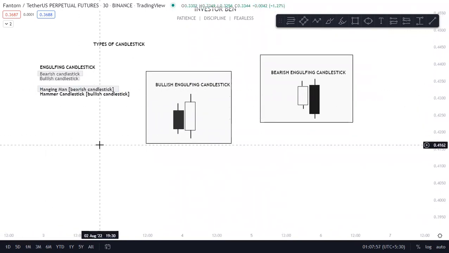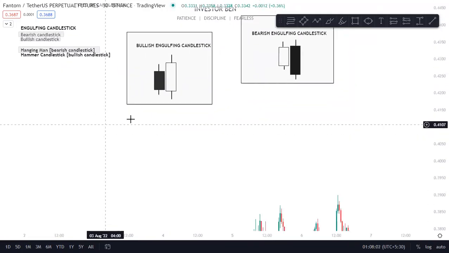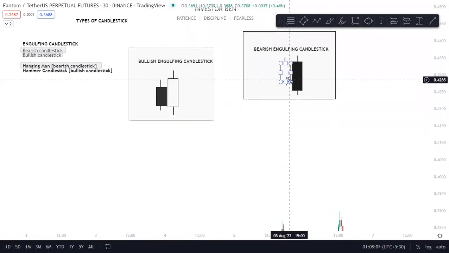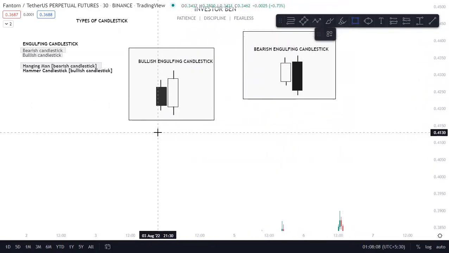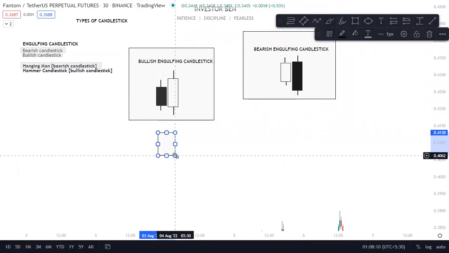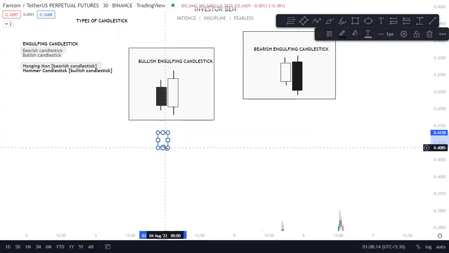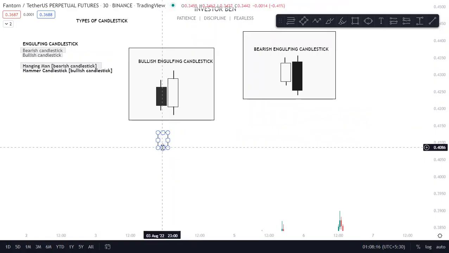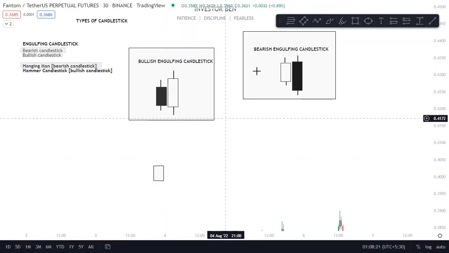Now let's look at the hanging man and hammer pattern. These two remain bullish and bearish, right? Now the hanging man is like this.